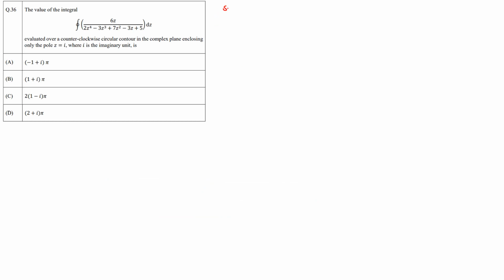Now let's try to solve this question. We have to evaluate this integral of 6z over 2z to the power 4 minus 3z cube plus 7z square minus 3z plus 5, dz.